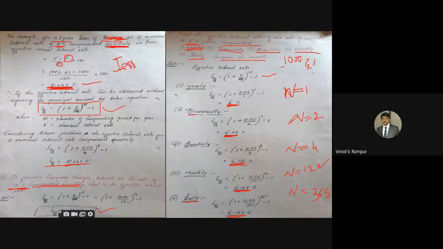If you go to biannually, after 6 months some amount is paid back, then it increases to 6.09%. If you make payments quarterly, then it becomes 6.136. See that 6.09 and 6.136, and it goes on increasing the interest.